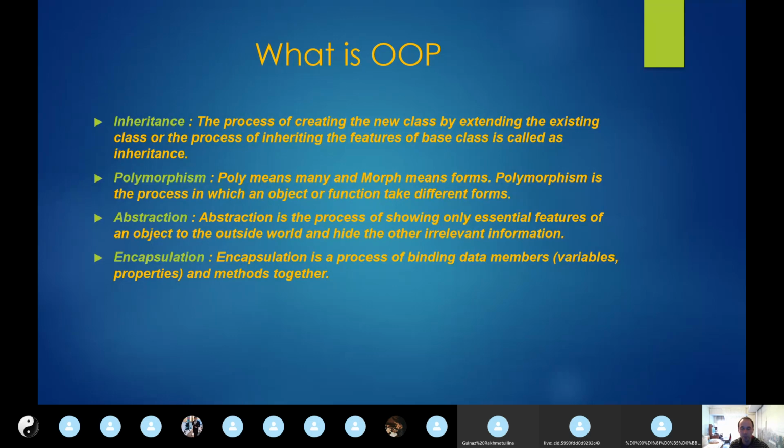In the abstraction process, we usually show only part of the real instance in our world. We don't show every single part of what our object has, because sometimes we don't need them, or it is enough for us to have this list of properties or fields, and we don't need to describe anything else.